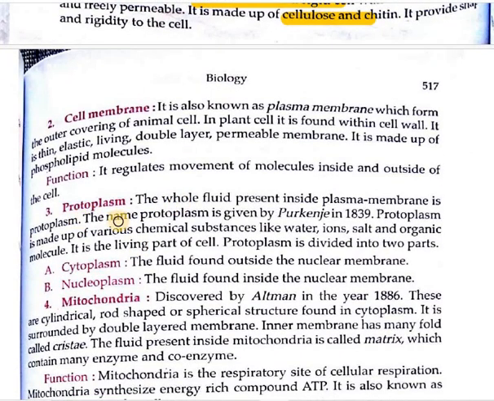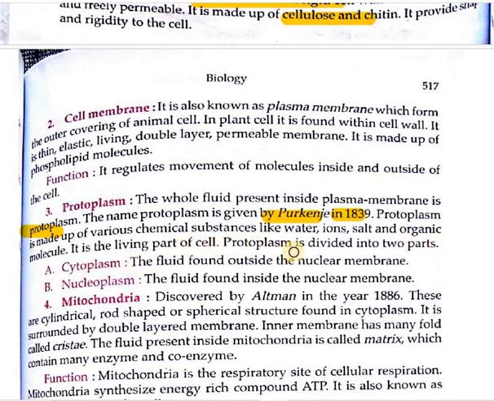Now we'll move to protoplasm. Protoplasm means the whole fluid present inside the plasma membrane. The name protoplasm was given by Purkinje. So you can take reference from the terms protoplasm and Purkinje. Protoplasm is made up of various chemical substances like water, ions, salts, and organic molecules.